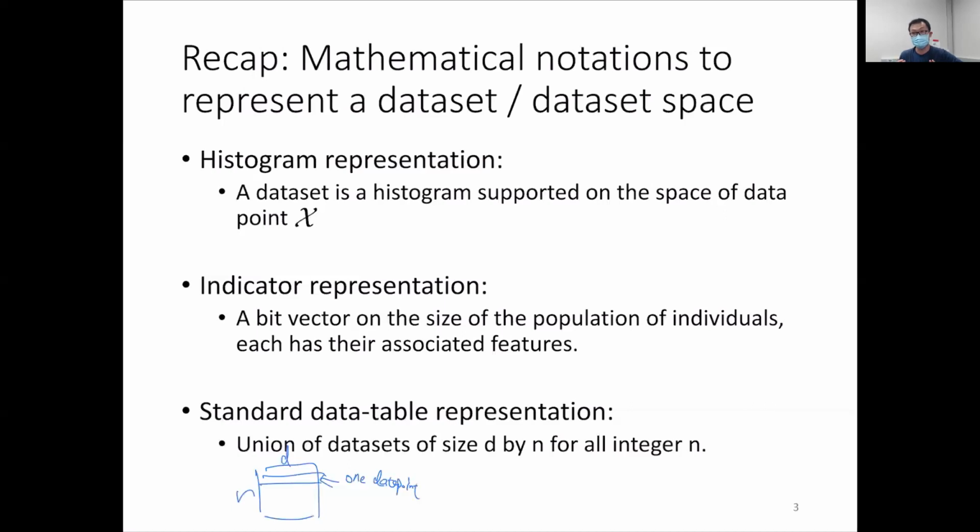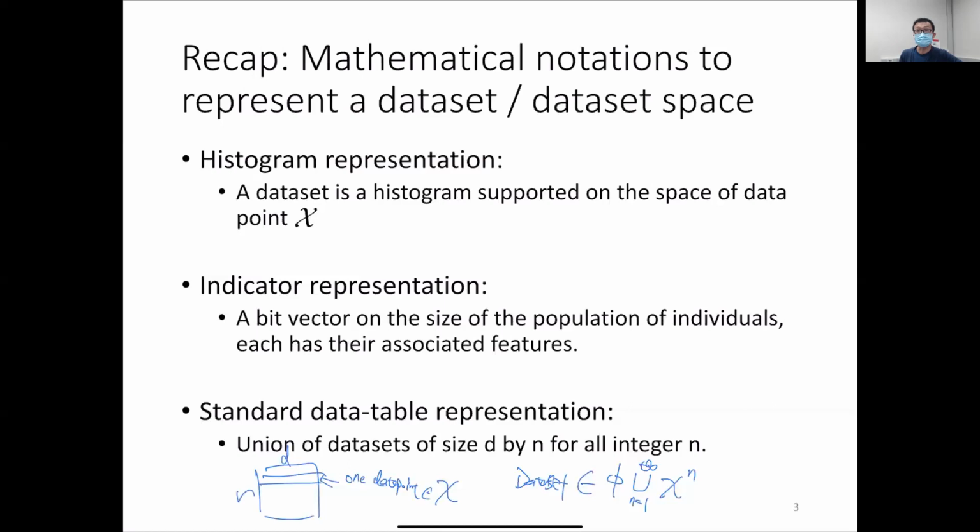Therefore, when we consider the space of all data, let's say that each data point lives in the data space X, and a generic data set in a standard data table representation belongs to the union of the empty set and the union over n from 1 to positive infinity of X to the power of n.